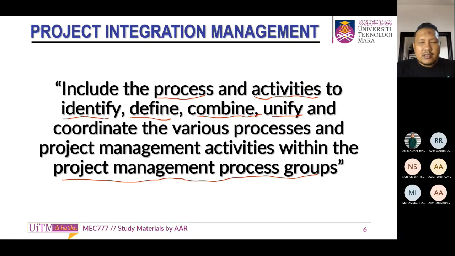Amir, can you answer this? Basically the flowchart, how we want to plan for the projects. No. Nur Ain? Initiating, planning, executing, monitoring, and closing.